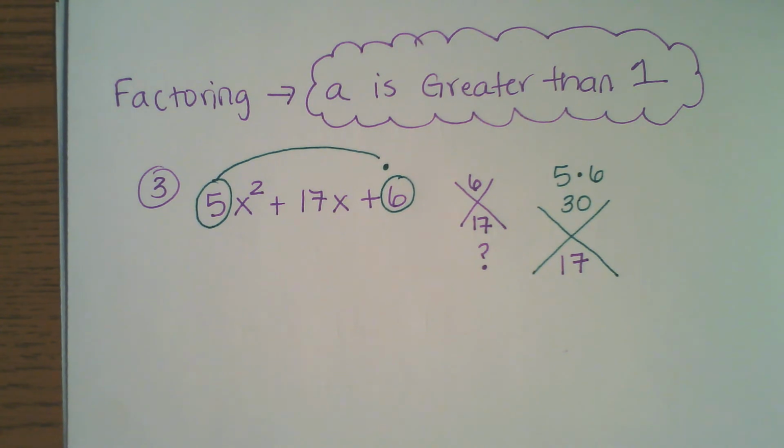So factors of 30 are 1 and 30, 2 and 15, 5 and 6, 3 and 10. Which pair of numbers would we want to use? 15 and 2.